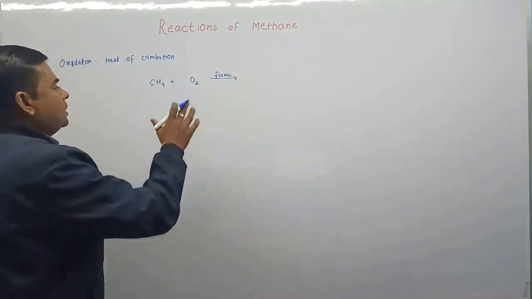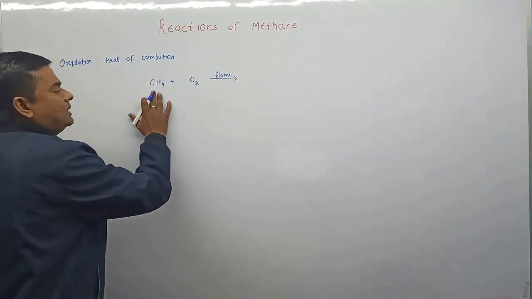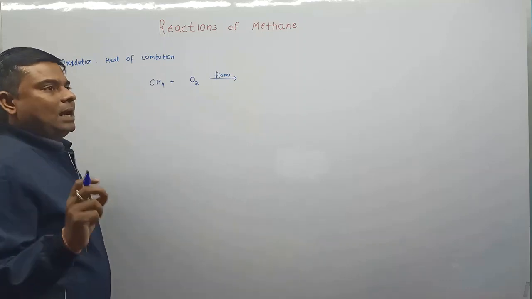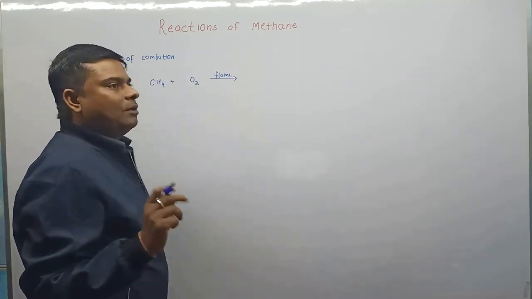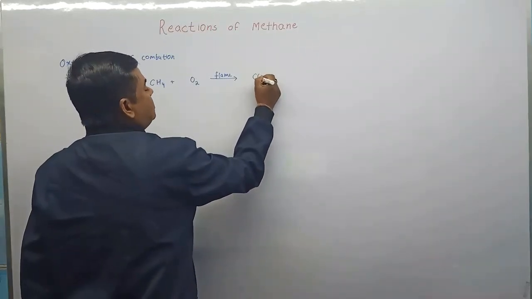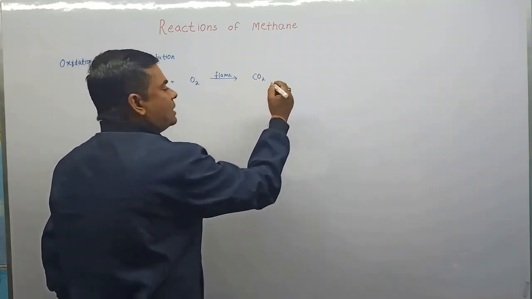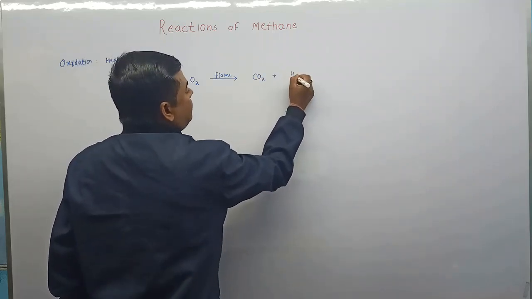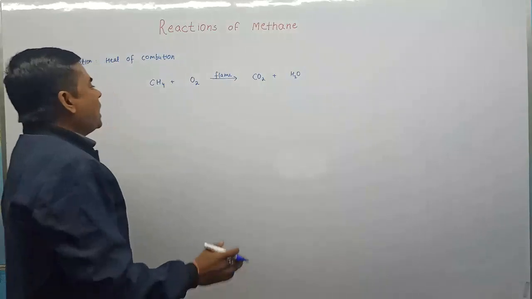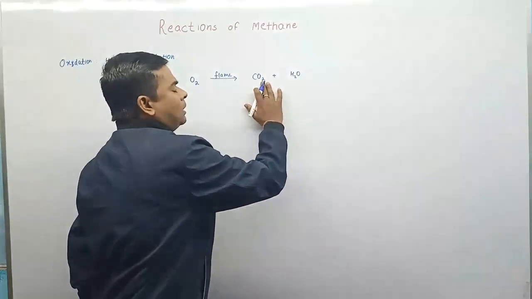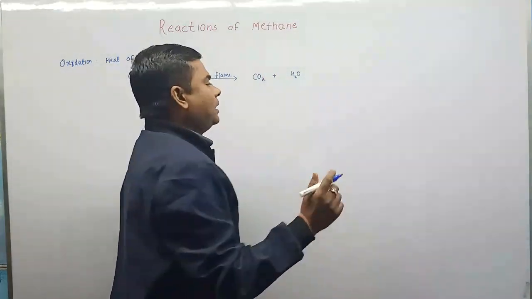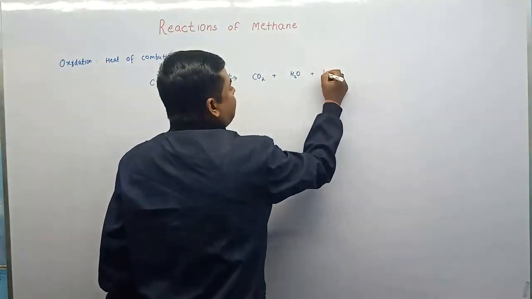We get carbon dioxide, CO2, plus water, H2O, and besides this, heat is evolved.